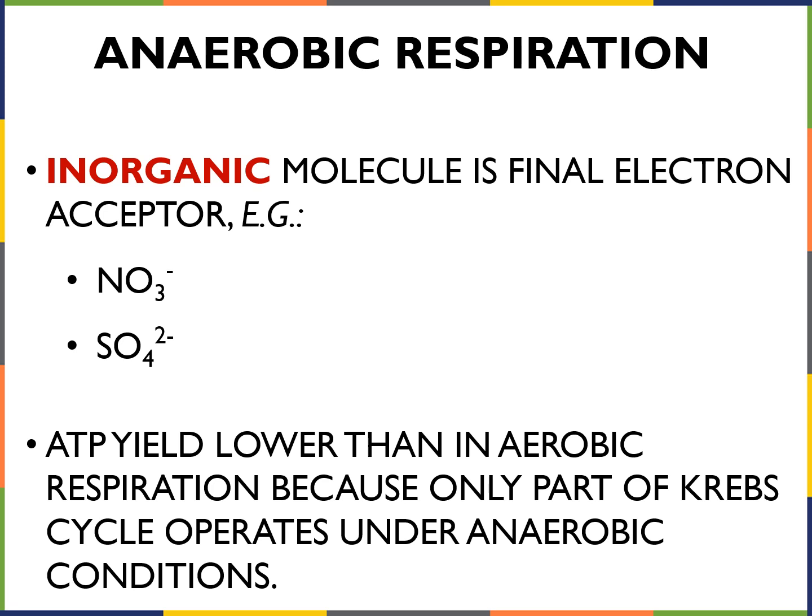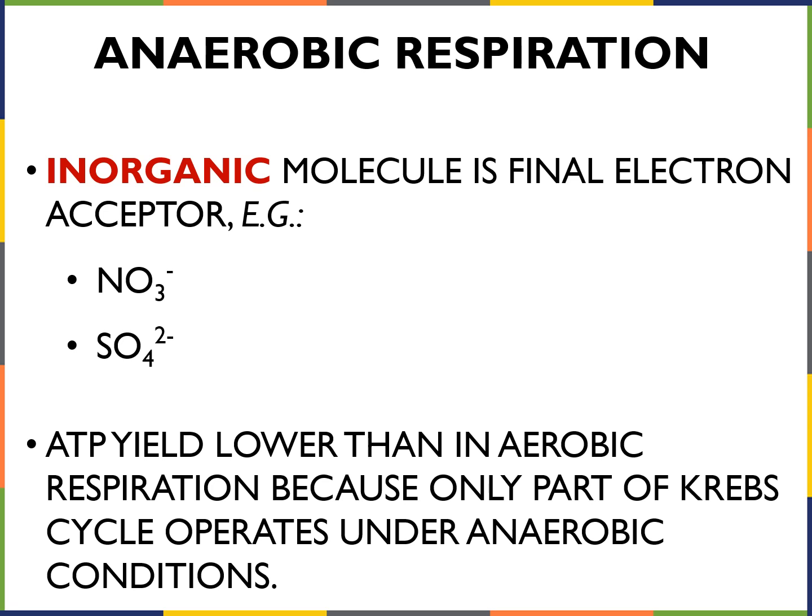Well, the first thing you need to look at is that final electron acceptor. In the previous slide, I called it a terminal electron acceptor. It's the same thing, either way. When we were talking about aerobic respiration, remember that the final electron acceptor is oxygen.